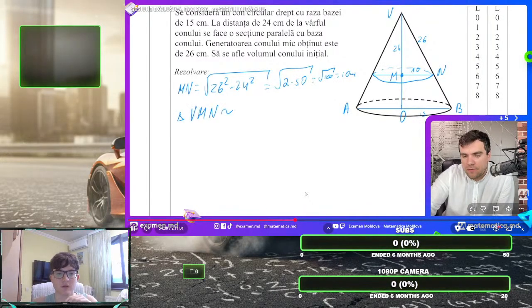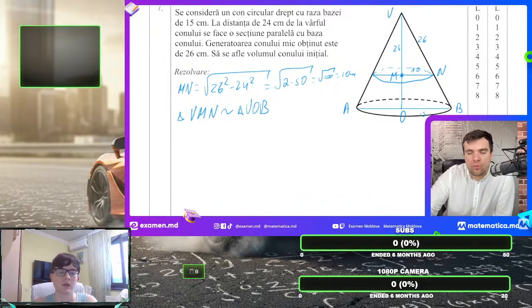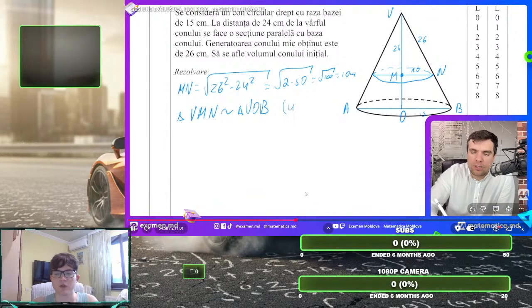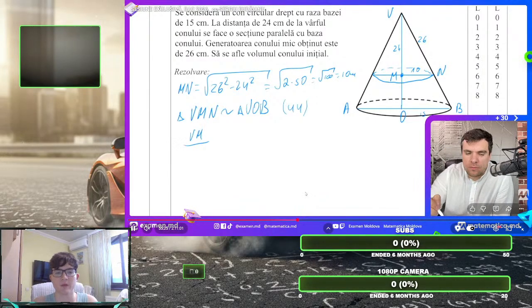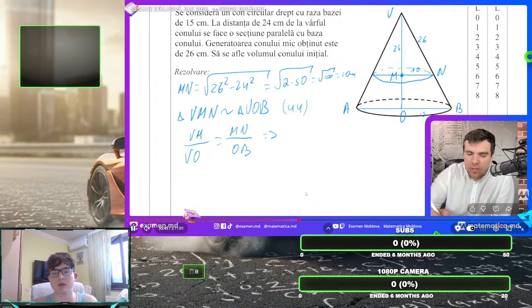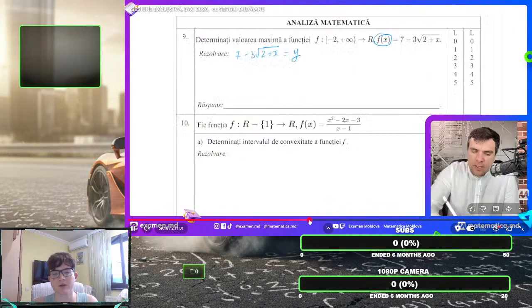Using some kind of method. So VMN is kind of the same as VOB because they're kind of the same, but just one's bigger like that. This goes down more. And using this angle-angle relation, perhaps VM divided by VO is the same as MN divided by OB. Can't remember this one, but it's pretty geeky.